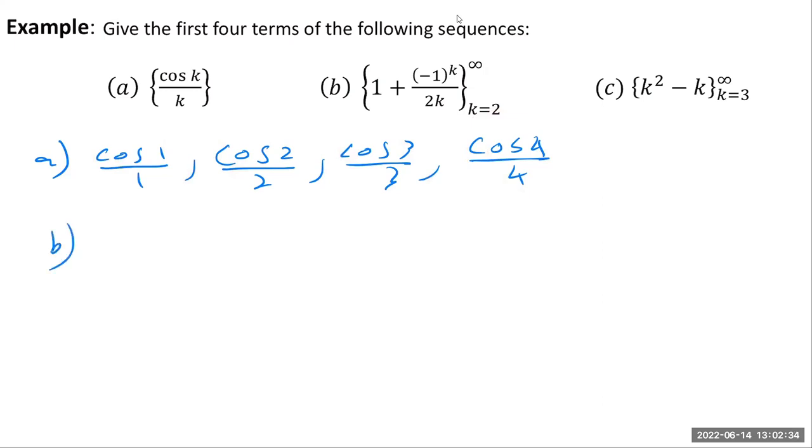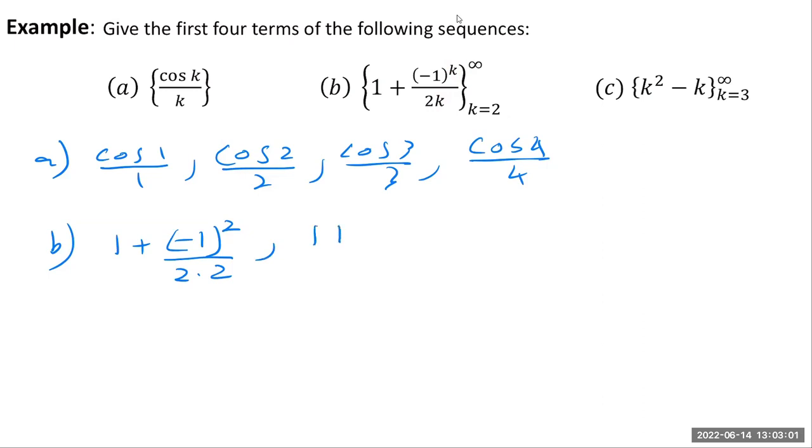And then part B, how do you find the first 4 terms? Again, you plug in numbers. Notice that in this example, the starting index is 2. So you have to start at k is equal to 2 this time. So the first term will be 1 plus minus 1 to the power 2 over 2 times 2. I'm plugging k is equal to 2 here, and 2 here. That's the first term.